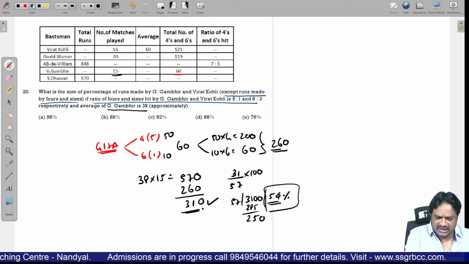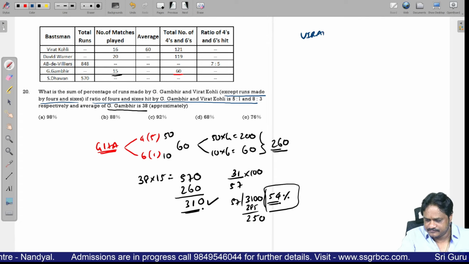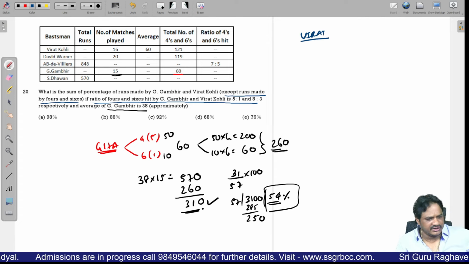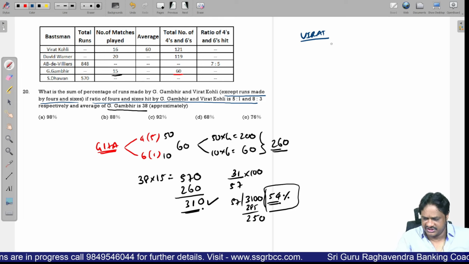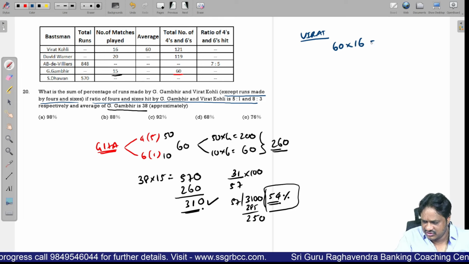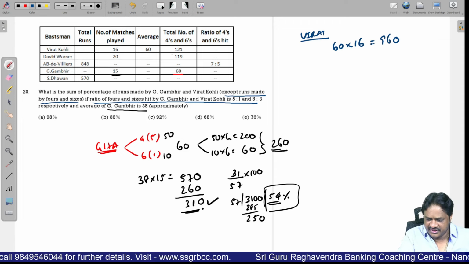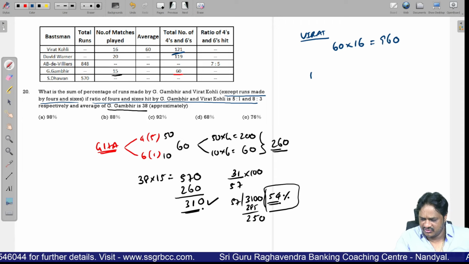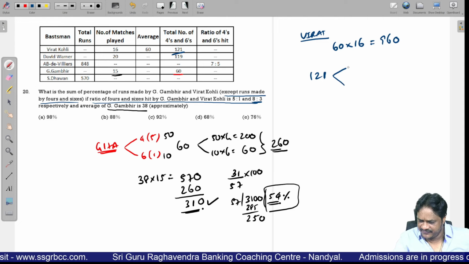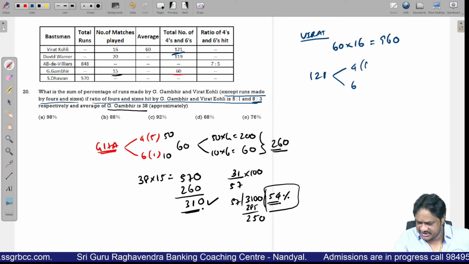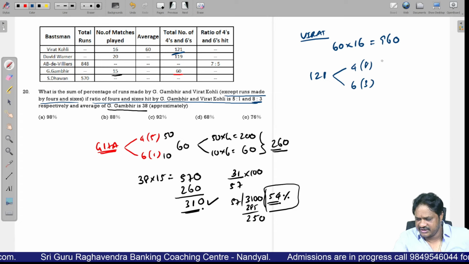Now we have to calculate Virat Kohli. Virat Kohli is hitting 60 into 16, 960 runs. Total runs are 960. In these, boundaries are 121. In these boundaries, we have the ratio 8:3. 8 plus 3, 11.